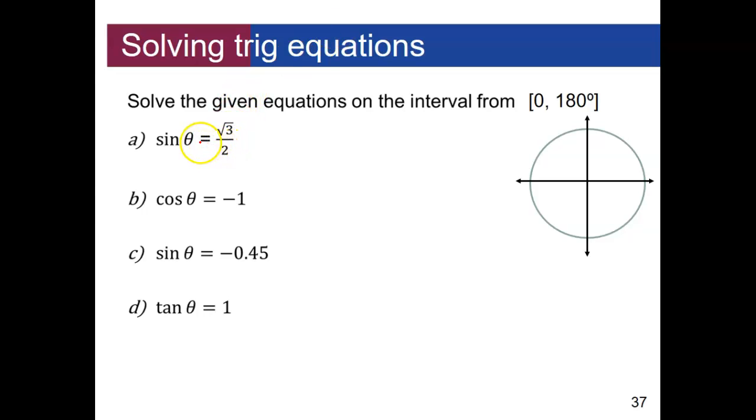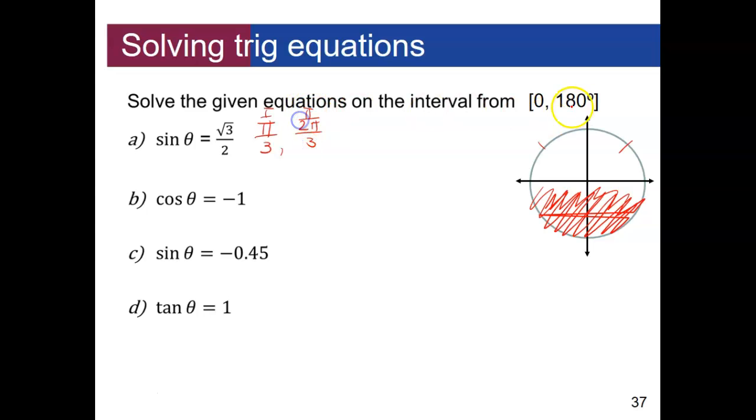Okay, on the first one here, we're looking for where sine is square root of 3 over 2. We already said we're going to disregard this bottom part. So there's actually two places where sine is square root of 3 over 2. So that's going to be pi over 3 in the first quadrant. And it's also going to be 2 pi over 3 in the second quadrant.